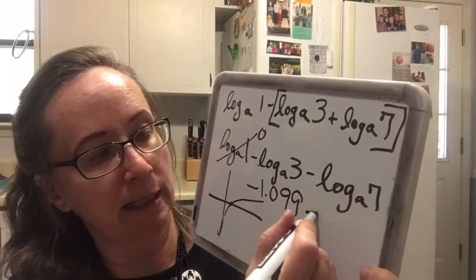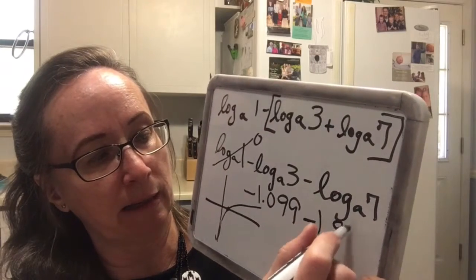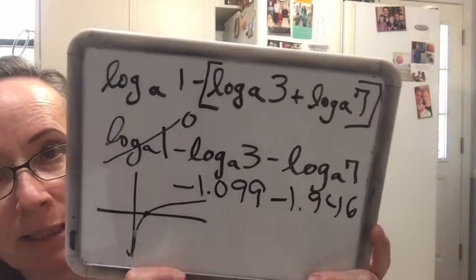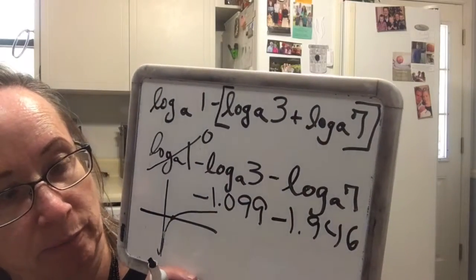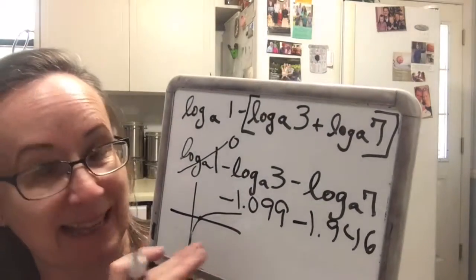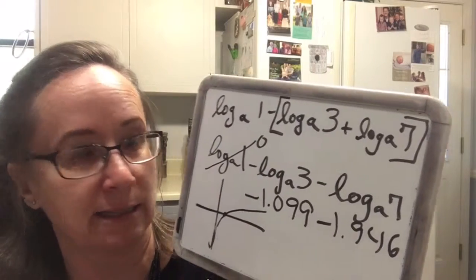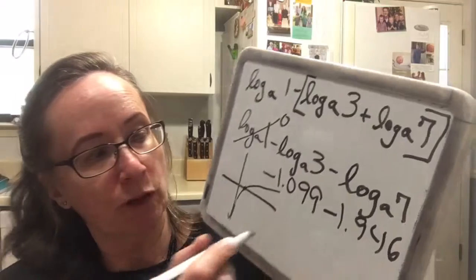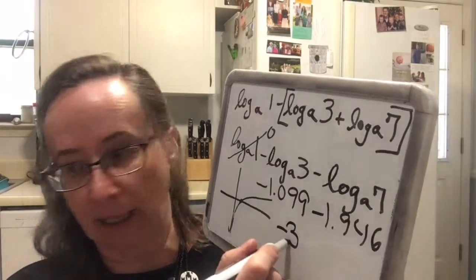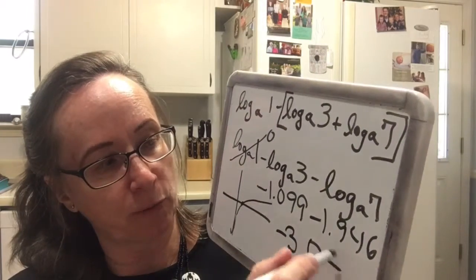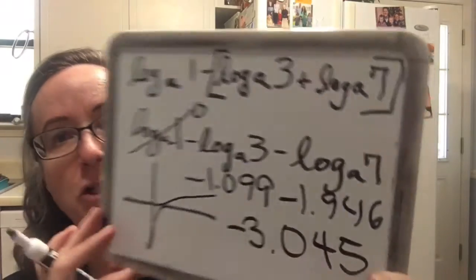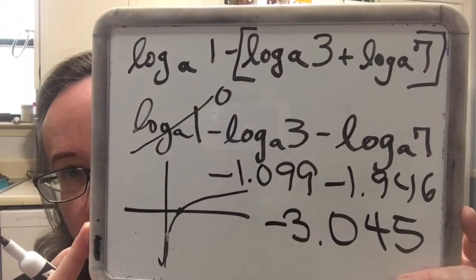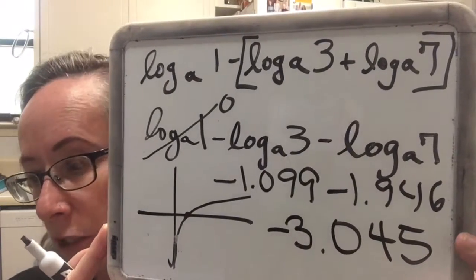So I'm going to do minus 1.946. So basically, I am going to subtract those two, but it's the same thing as adding them together and taking the minus sign. Okay, so our answer for that one should be negative 3.045, which should be what you get when you add those two negative numbers together, since they go in the same direction.